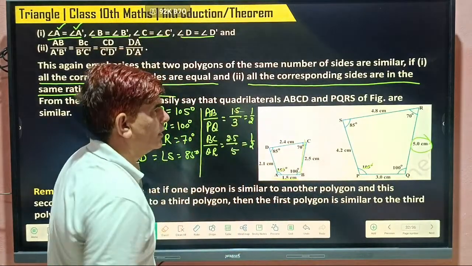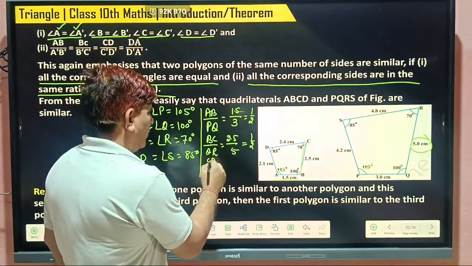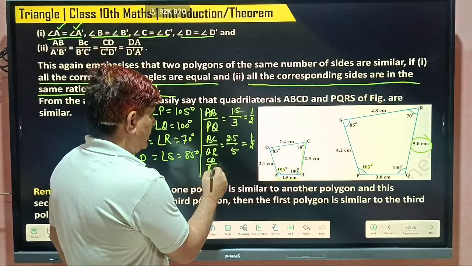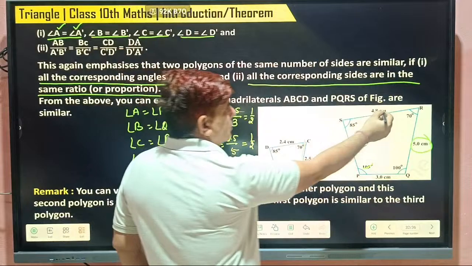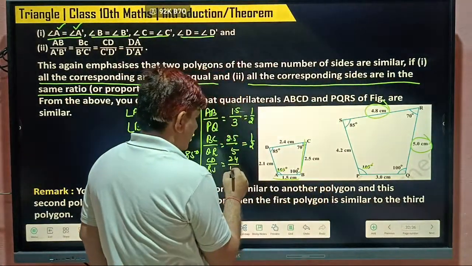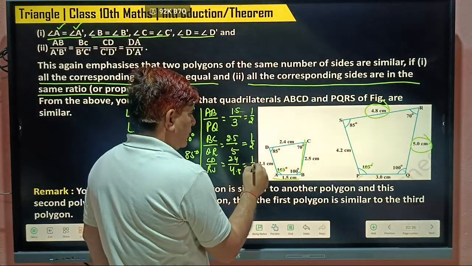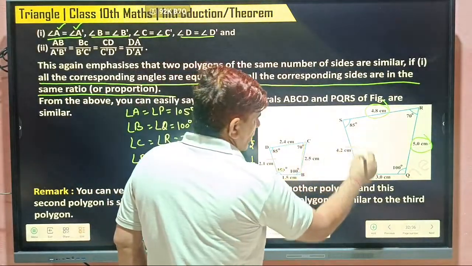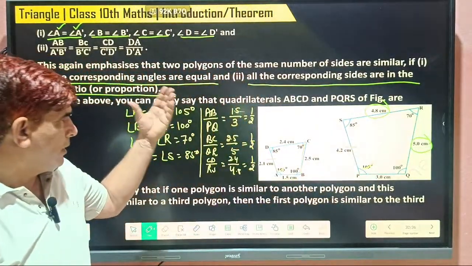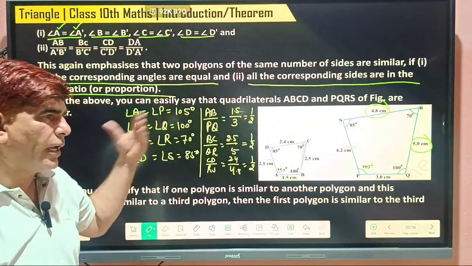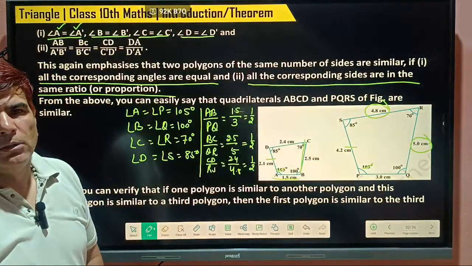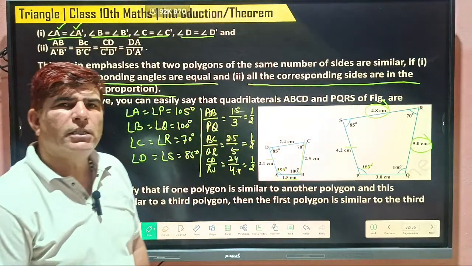Similarly, CD by RS: CD is 2.4, RS is 4.8, again 1 by 2. If you check, all have the same ratio. It means the ratios of corresponding sides are the same, and corresponding angles are also equal. So definitely they are similar.